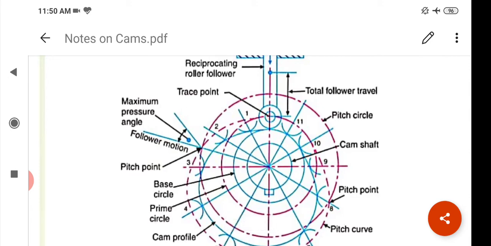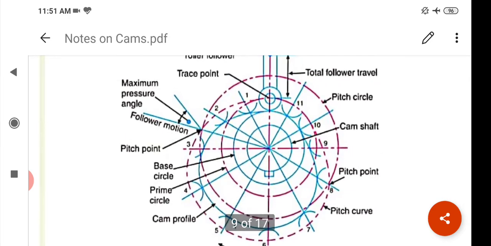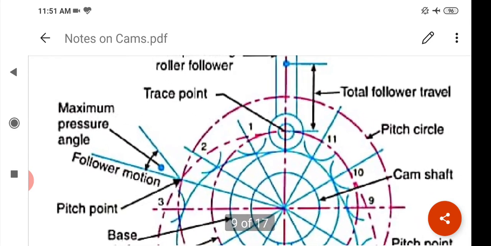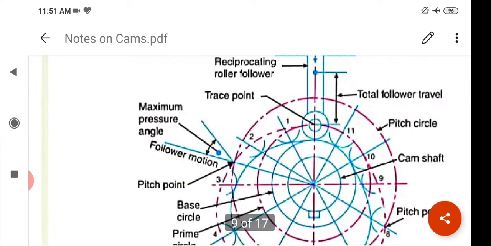You have the direction of the follower, the pitch circle and the pitch curve, and a line normal to this pitch curve, or perpendicular to it. The angle formed between this line and the follower motion will be your pressure angle. You can see in this diagram that the angle between the follower motion and the line perpendicular to your pitch curve is nothing but your pressure angle.